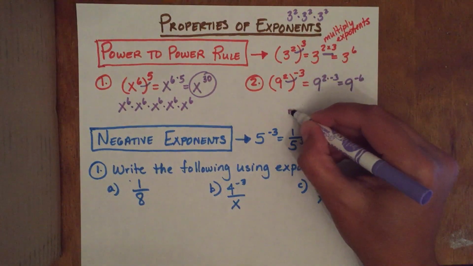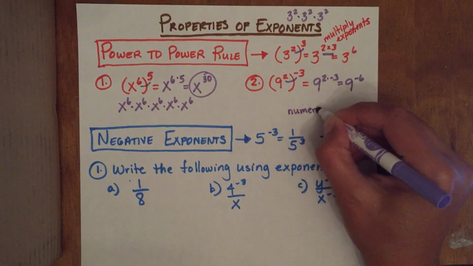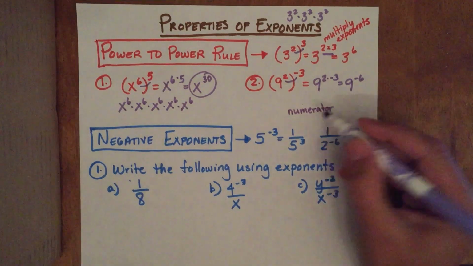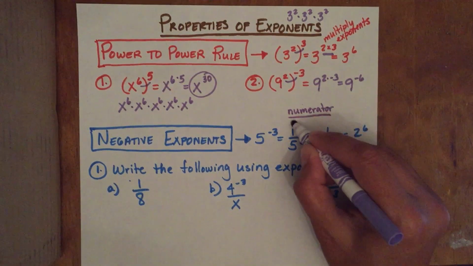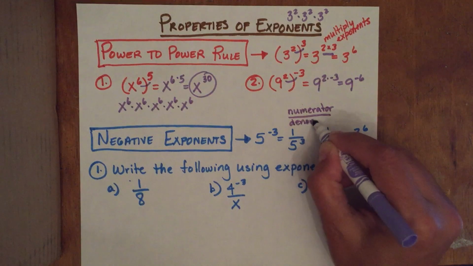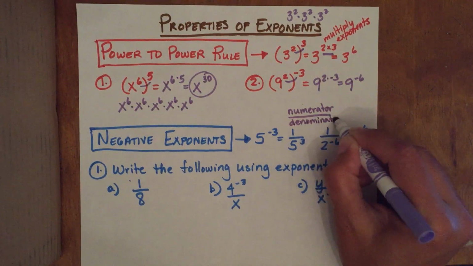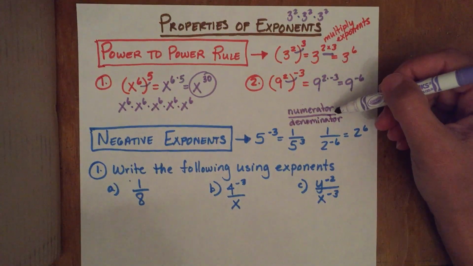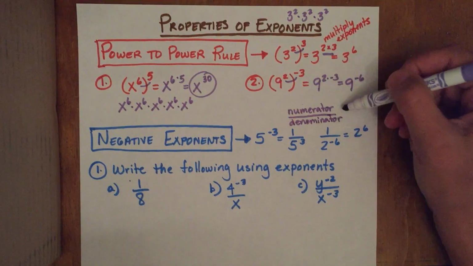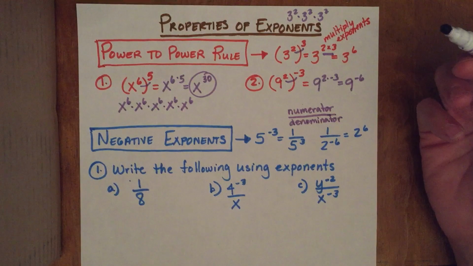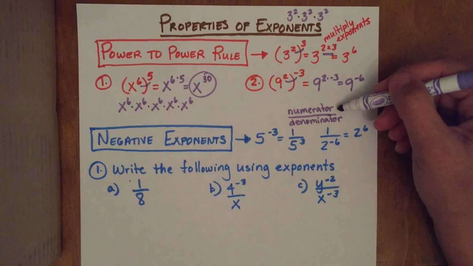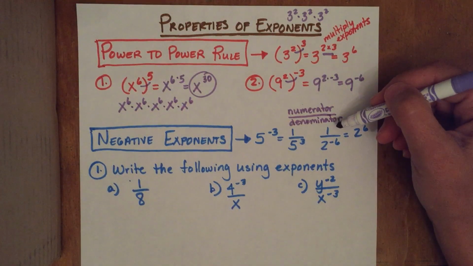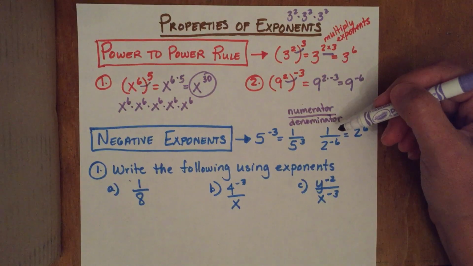As you remember, every fraction has a numerator, which is your top value, and it has a denominator, which is your bottom value. So when I have negative exponents, I'm basically going to be moving the terms back and forth between the numerator and the denominator. And if I take a positive exponent from one and move it to the other, it becomes a negative exponent, and vice versa.